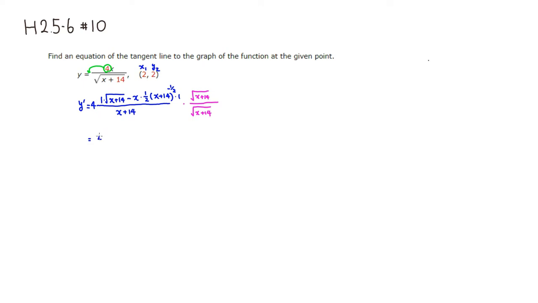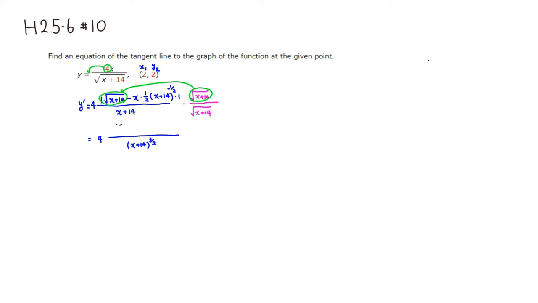So you have a 4 in front, and the denominator is going to be the quantity x plus 14 raised to the 1 plus 1/2, which is the 3/2 power. That is, the square root of x plus 14 times the square root of x plus 14.